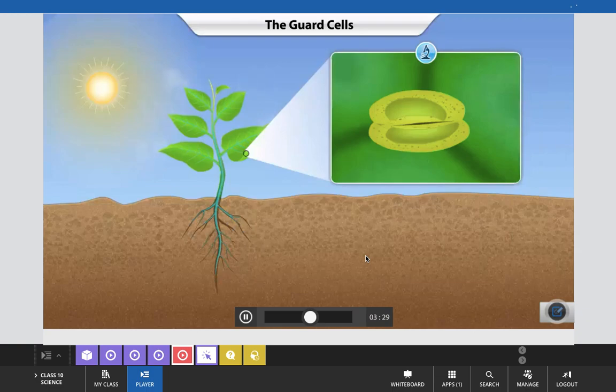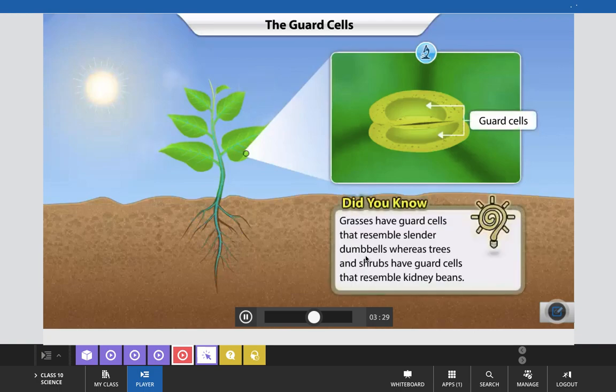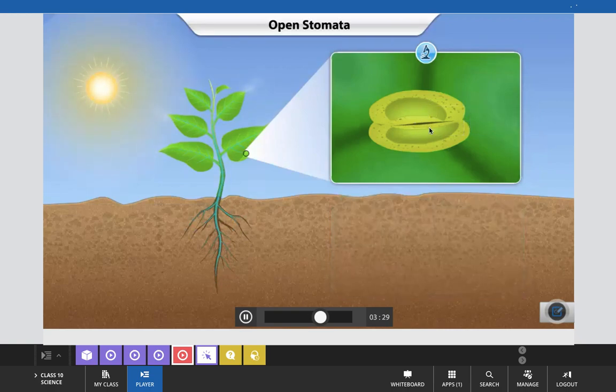The opening and closing of the stomata is regulated by two specialized cells called guard cells. Grasses have guard cells that resemble slender dumbbells, whereas trees and shrubs have guard cells that resemble kidney beans. Here you can see the kidney bean like guard cells.